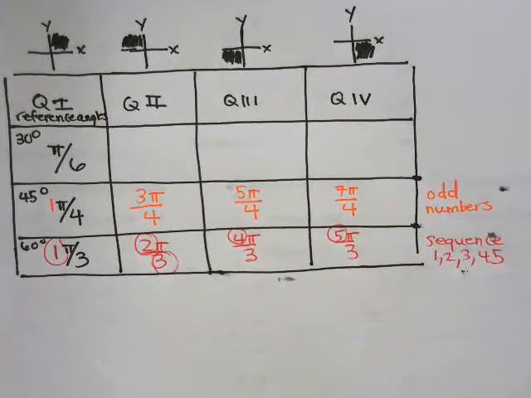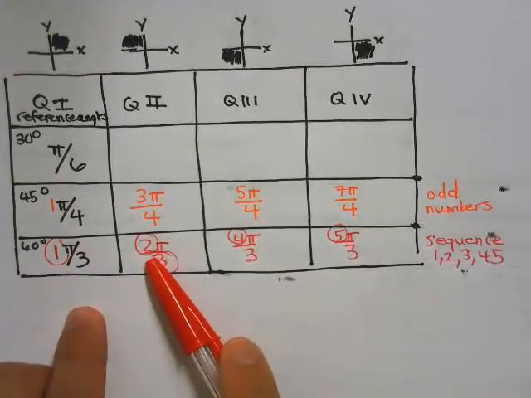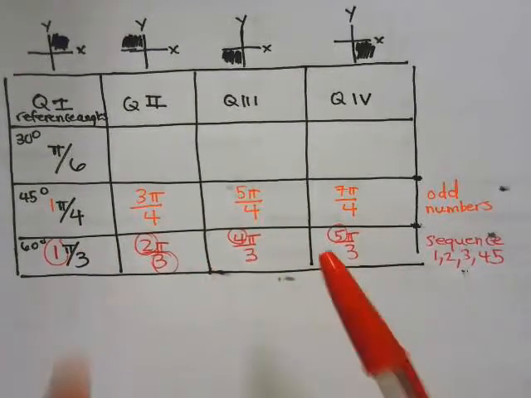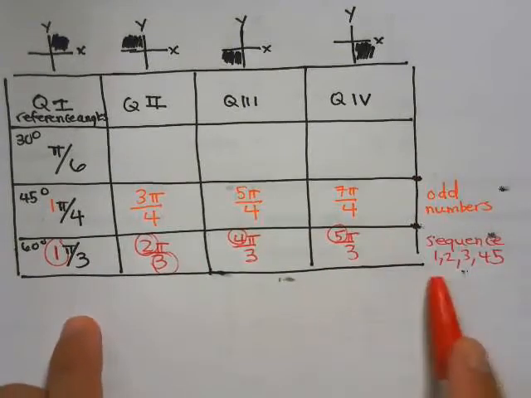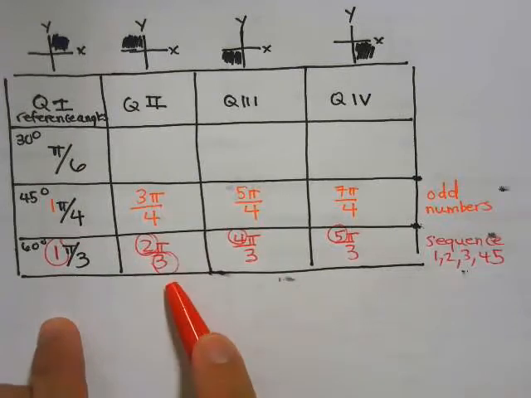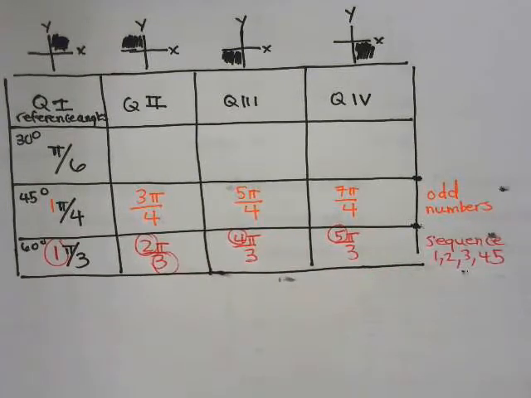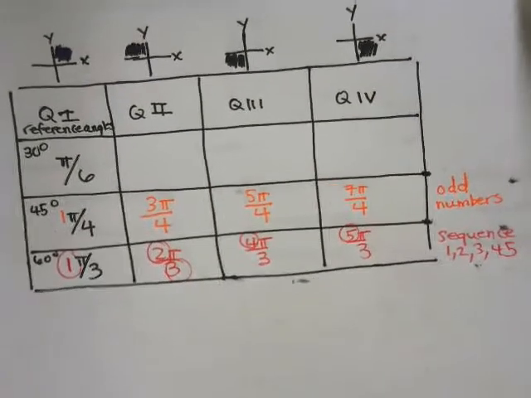Some of my previous students had said 1 to skip 3, 4, 5. That's totally fine. For me, I like to include everything: 1, 2, 3, 4, 5. Okay, so that is a sequence. It's up to you on how you want to tackle this and help you guys memorize this type of information.